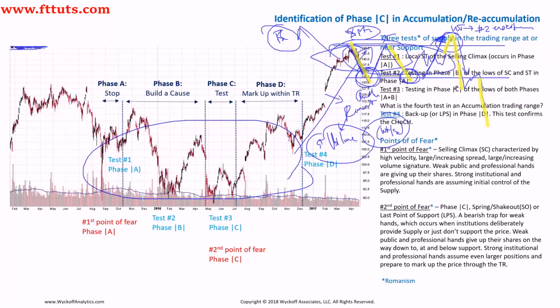So some of them are going to capitulate somewhere here, and usually this area is associated with the largest volume signature. And some of them are going to capitulate maybe somewhere here. So it depends on the system for institutions and on the emotional pain for the public.